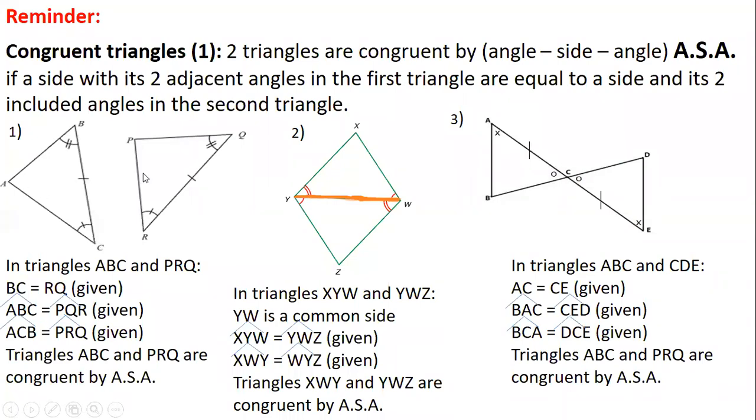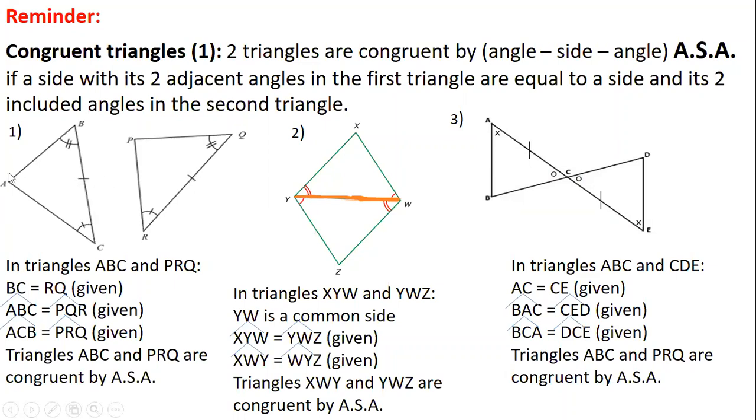So Zainab, what you should do here, we should prove that these two triangles are congruent. Till now, we only know the first case, which is ASA, right? So in the first triangle, we should find a side equal to a side in the second triangle. We should choose marked sides. What do we mean by marked sides?